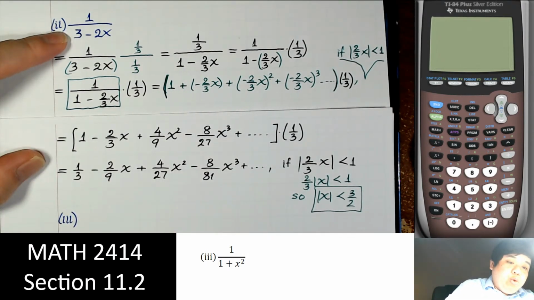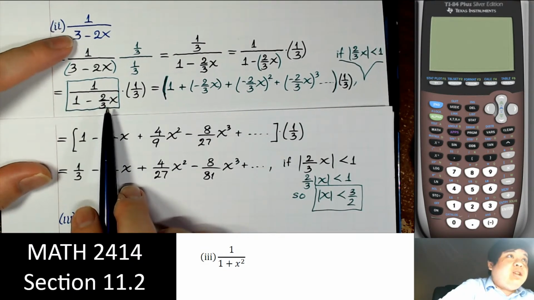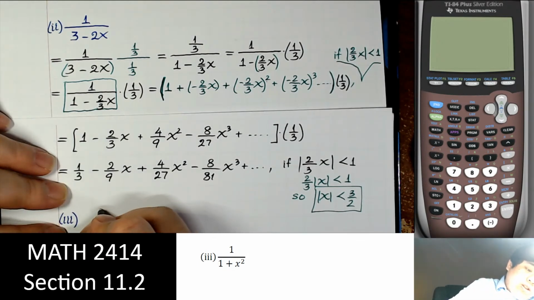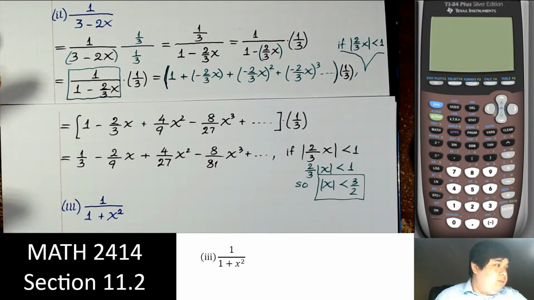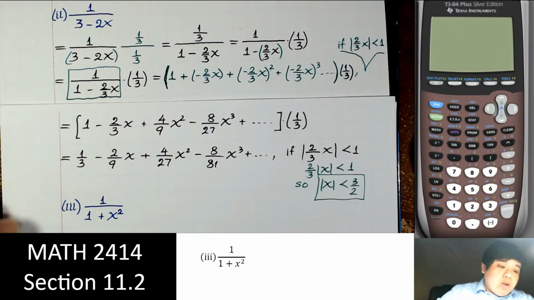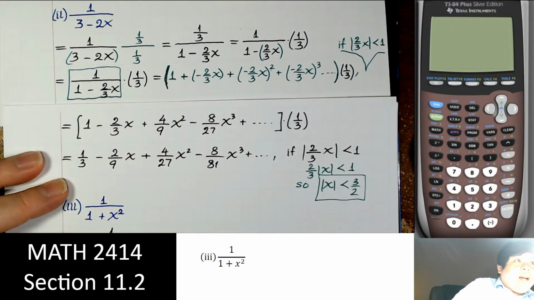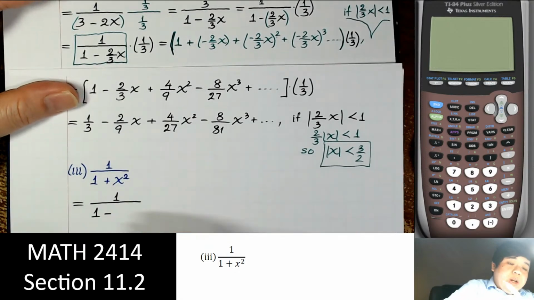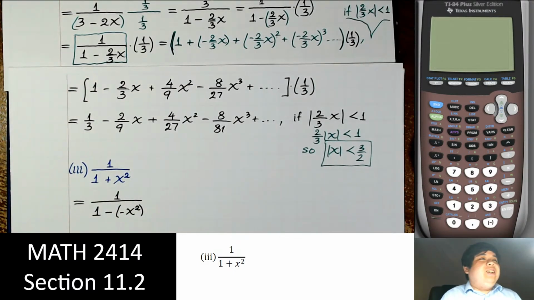So that's why I changed it to 3. Because we do need to change it back to 1, so I try to change that to something else. Because the form is always 1 over 1 minus something. Even though if it is x squared like this, we can always change to that, right?